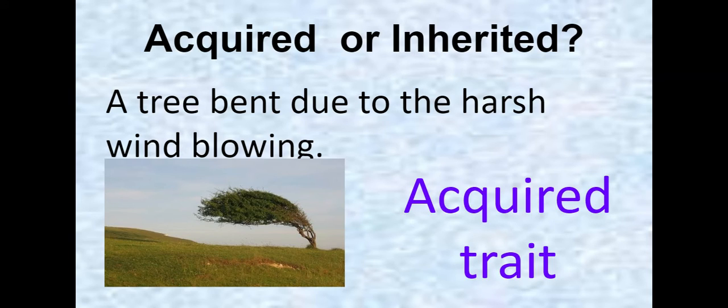That question should have helped us find the answer of acquired. This was something due to the environment around it. It has this trait, yes, it's bent, okay, but it's bent because of the harsh winds.